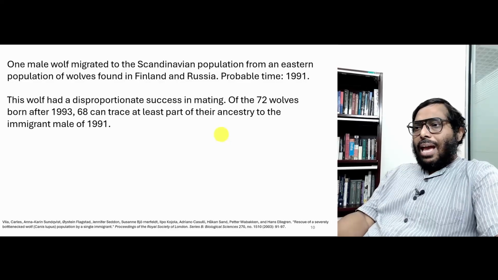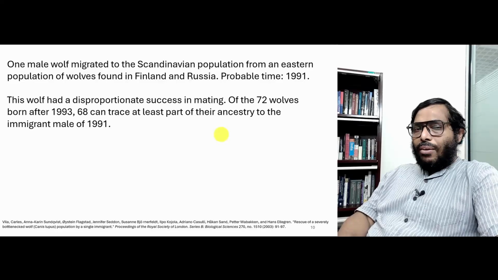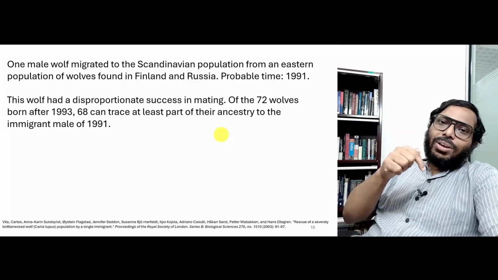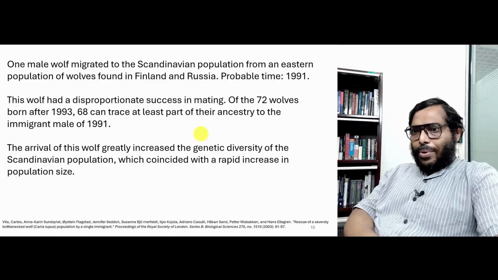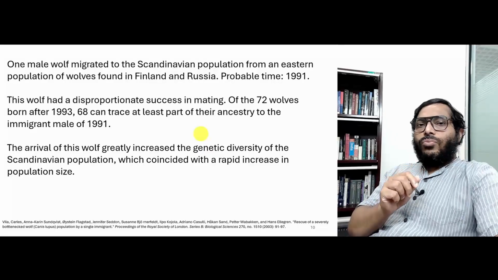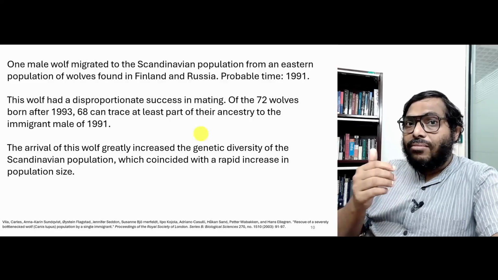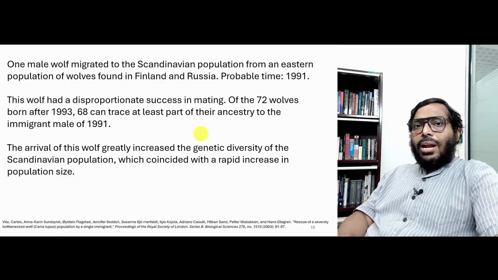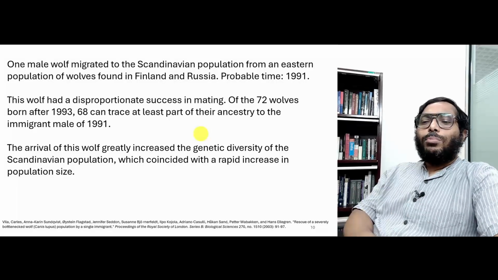We do not know what exactly happened, but what we know is that of the 72 wolves which were born after 1993, 68 can trace at least part of their ancestry to this one immigrant male of 1991. And the arrival of this wolf actually had a massive effect in terms of increasing the genetic diversity, allelic diversity of the Scandinavian wolf population. And this coincided very nicely with a very rapid increase in the population size.